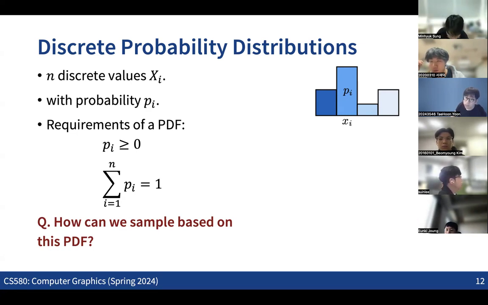Any ideas? When you have n values and the corresponding probabilities, what's the way that we can sample one of the values according to the probability density?